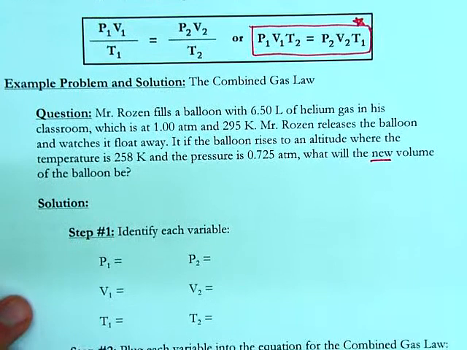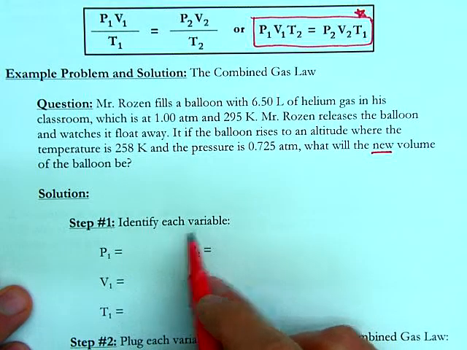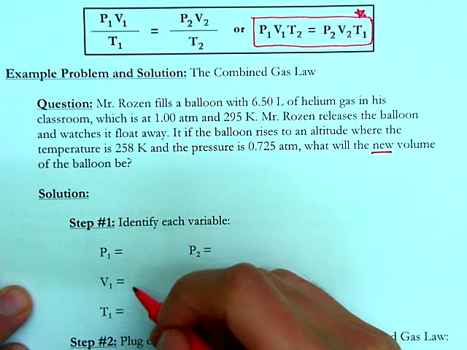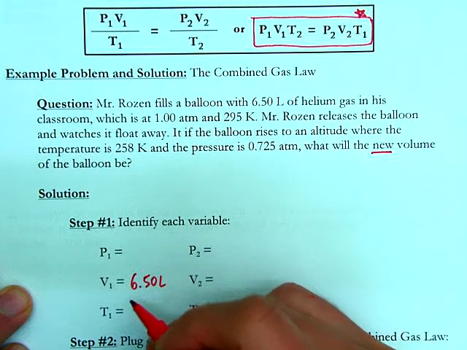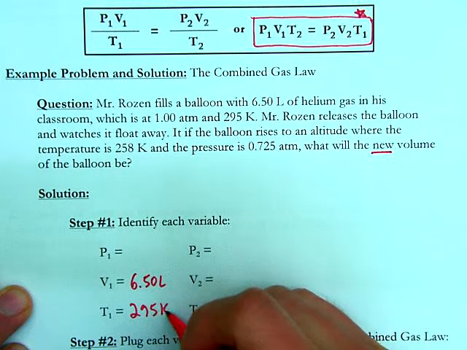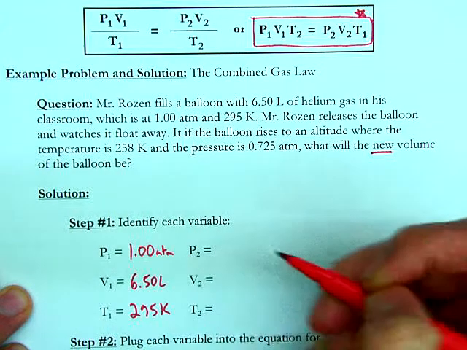The first thing we're going to do is identify each variable. What do we know? What are we trying to find? The volume that we're starting with is 6.5 liters. The temperature is 295 Kelvin, and the pressure is 1 atm.